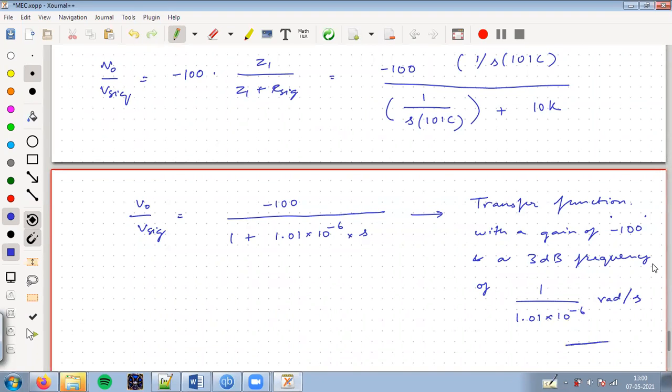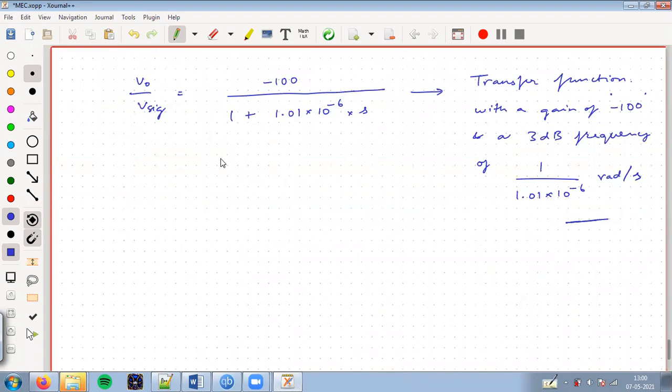How I got this is, if you remember your transfer function, generally, transfer function is written as F of s is equal to gain divided by 1 plus s divided by omega naught. This omega naught is actually a pole. This system has only one pole. So obviously that will be your cutoff frequency.